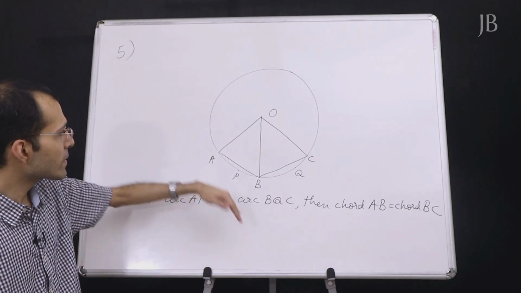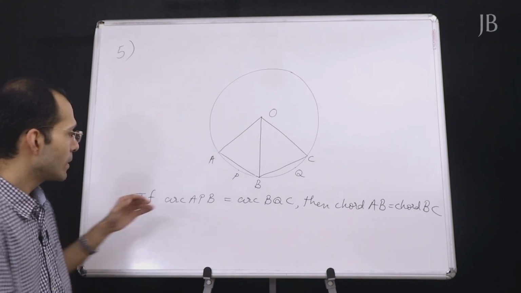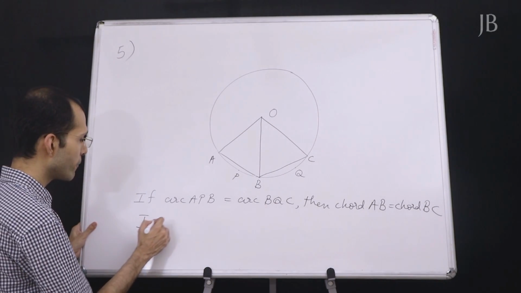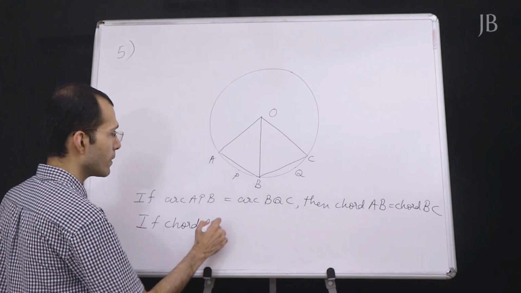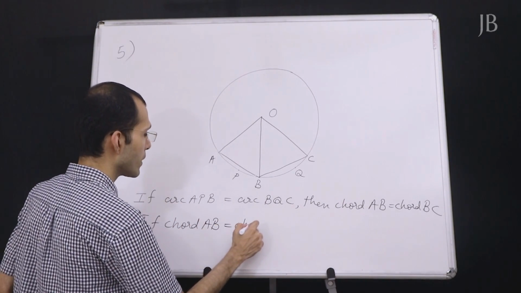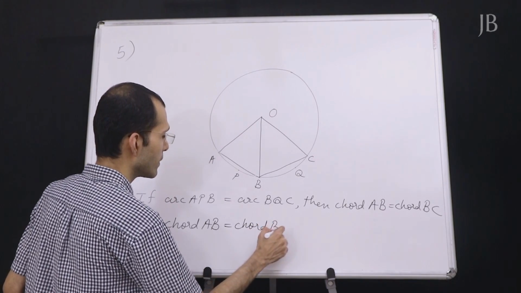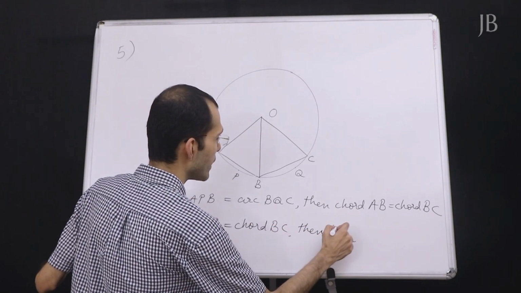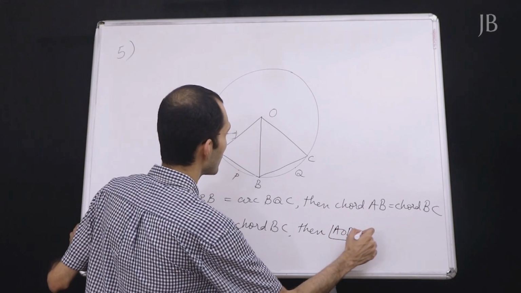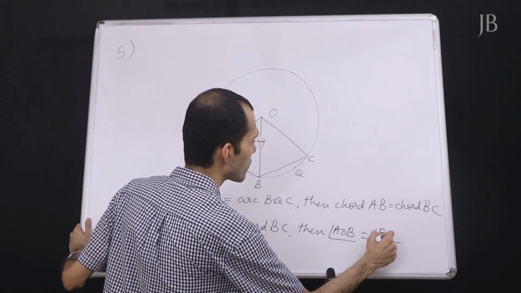We will fuse this with something else now. Now we will say if chord AB is equaling chord BC, then angle AOB will equal angle BOC.